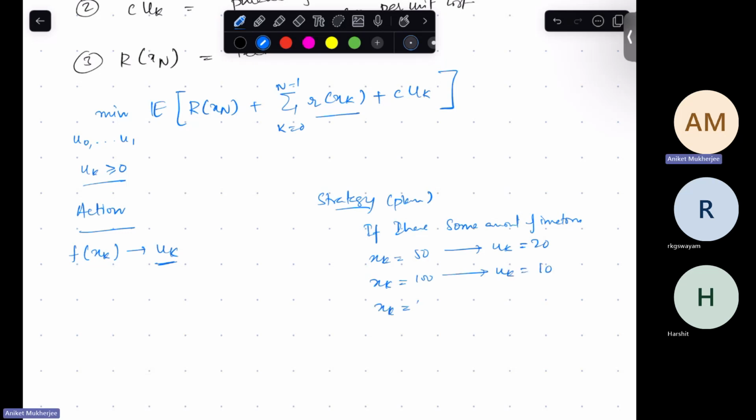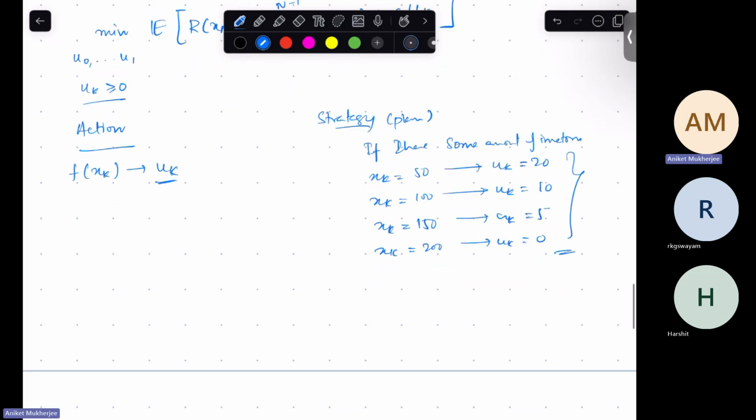If xk is 150, then uk is 5. If xk is 200, then uk is 0. You should have this sort of plan saying that wherever my xk could end up because of the randomness of the system, I always have an action that I can associate with that state.